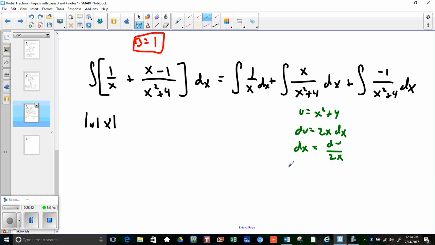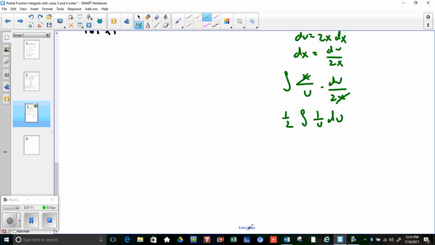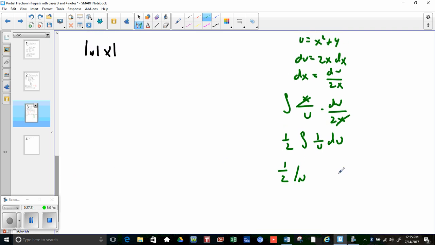So for this piece, we'll get the integral of x over u times du over 2x. The x's will go away. 1/2 integral 1 over u du. The integral of 1 over u is just a natural log, so we get a 1/2 natural log absolute value of u, but I'm going to go back up here and figure out what u was, x squared + 4.